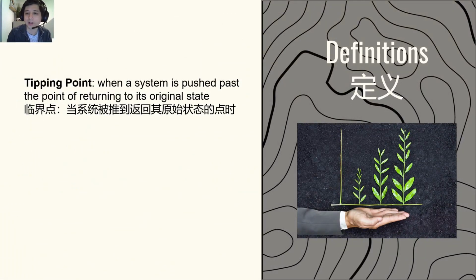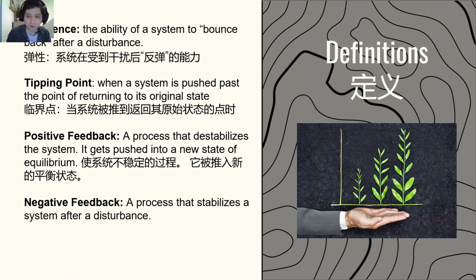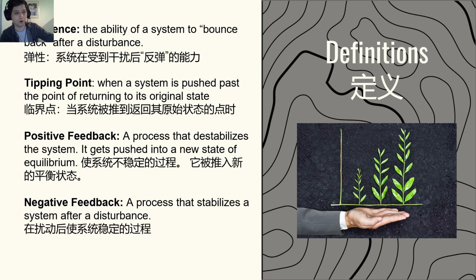All right, we're going to keep going on here. I'm going to go through this quickly because we're going to review it as well later with maybe pictures and things like that. It'll make more sense later. So I'll just go through it quickly. This is just for your own studying reference if you want to look up important words for the chapter. First one is resilience. It's the ability of a system to bounce back after a disturbance. Okay? And then we also have tipping point, which is when a system is pushed past the point of returning to its original state.